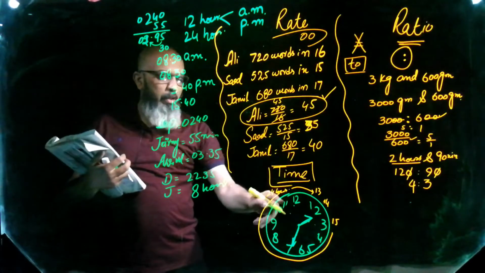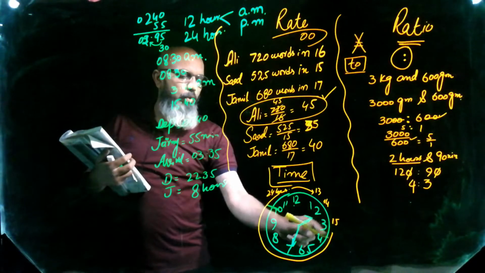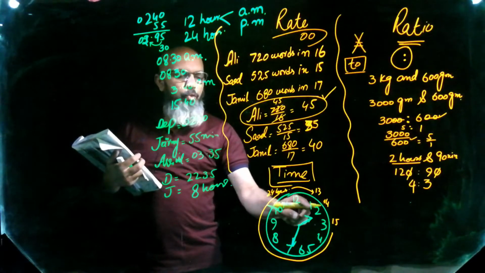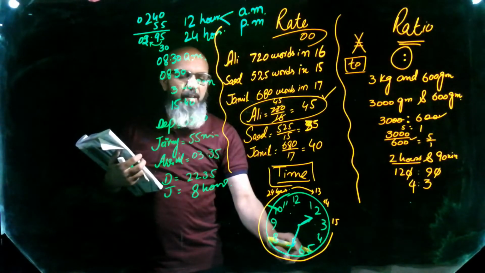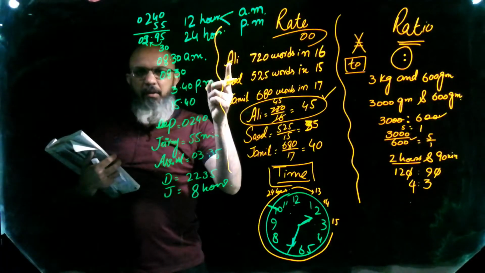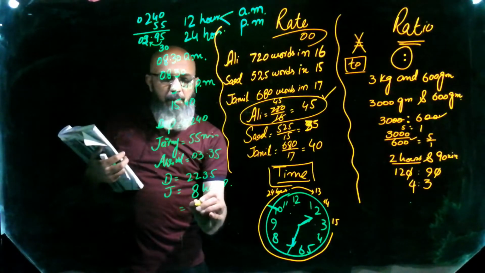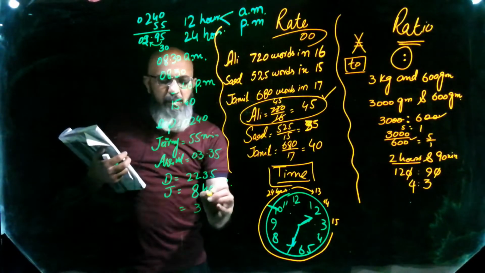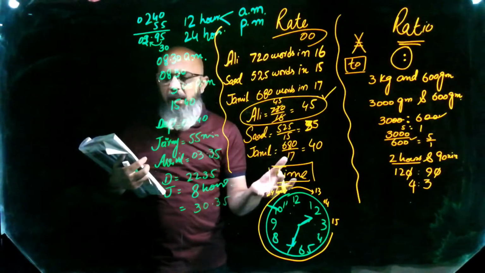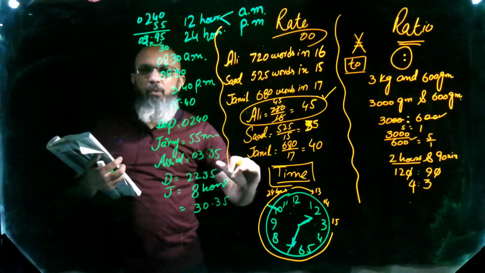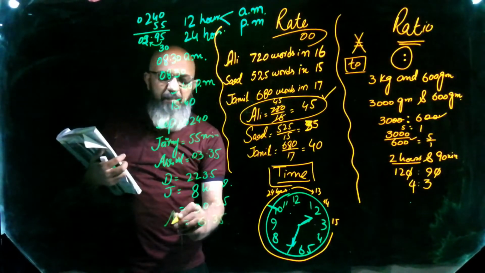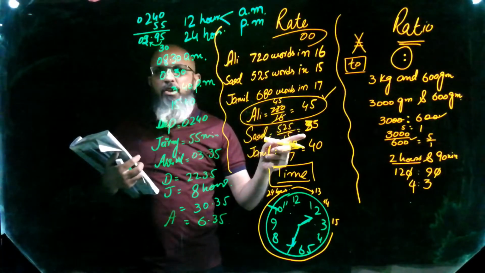If we have the clock, 8 hours means 1, 2, 3, 4, 5, 6, 7 and 8, so it will reach there at 6:35 the next day, right? If we calculate, we get 30:35, but there is no 30 hours, so we subtract 24 hours from here. So what we get is 6:35. That's its arrival time the next day at the next station.